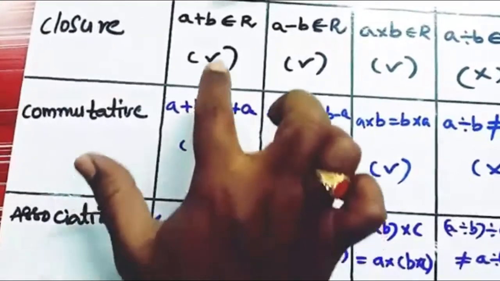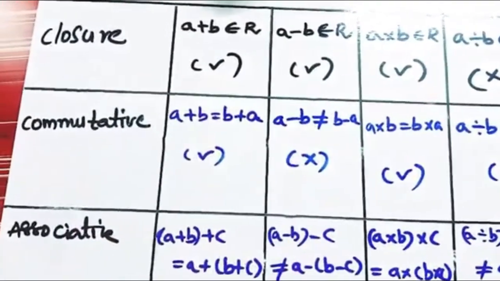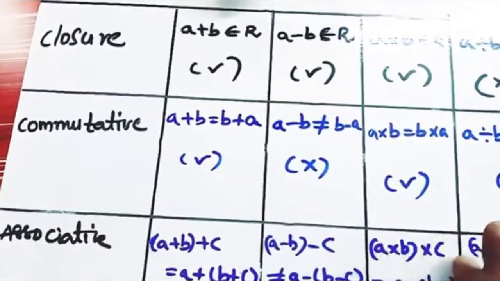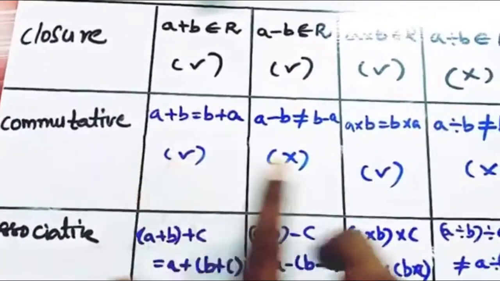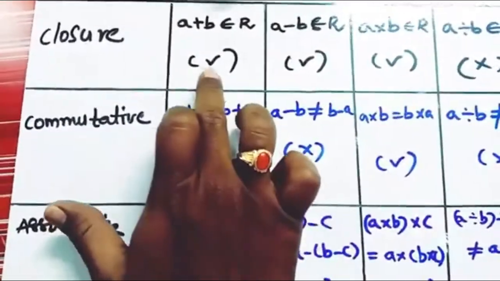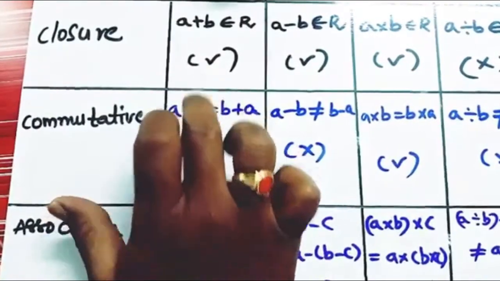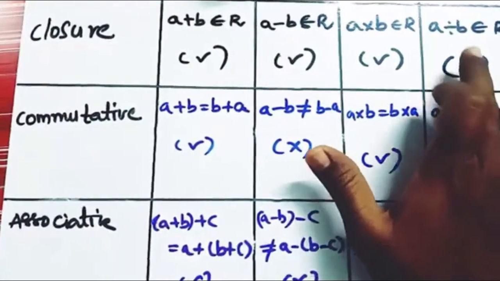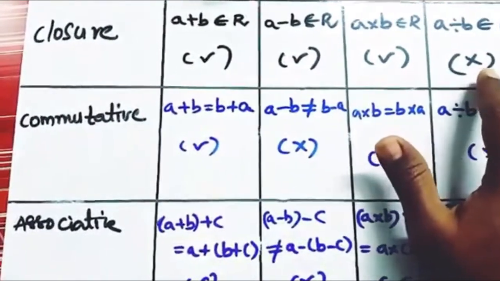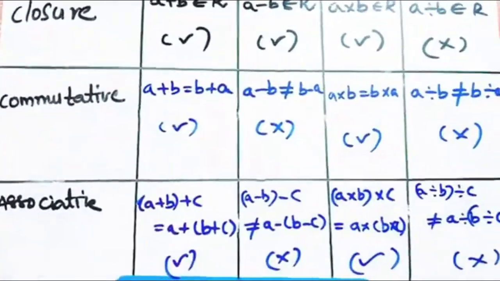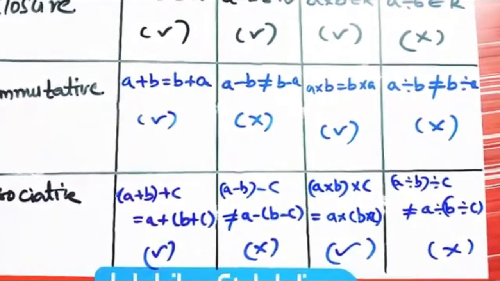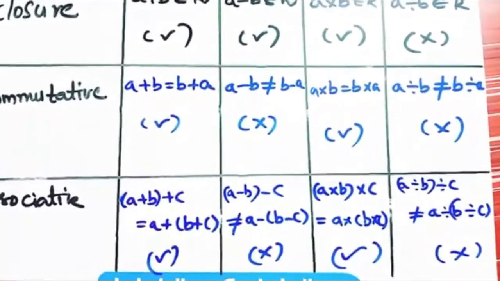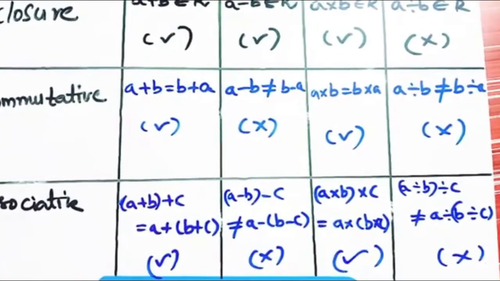I have given columns here for addition, subtraction, multiplication, and division. I put a tick mark if the property is satisfied by the rational numbers, otherwise I put a cross mark. So this means division is not under the closure property. Like that, I mentioned all the properties. You can study and understand easily. And thanks for watching my video.